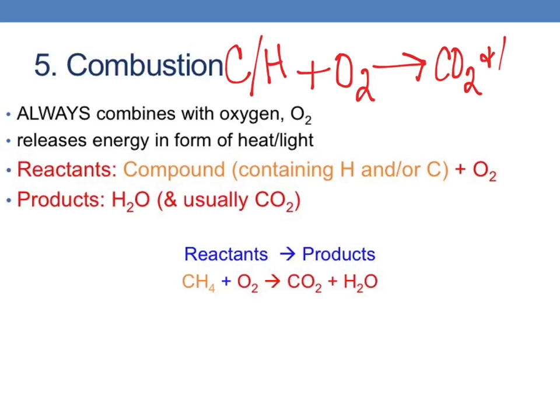If hydrogen is present, then one of our products is water. If both of them are present, then we get carbon dioxide and water. So you have to have carbon or hydrogen reacting with oxygen to produce carbon dioxide and or water.